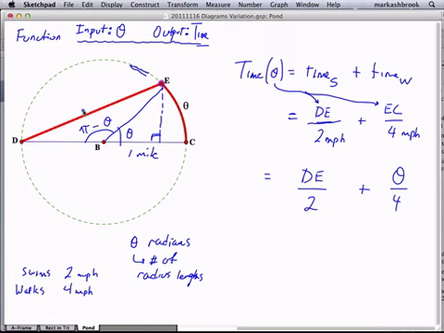And so DE squared, what would it equal? Anybody? Dan, any ideas? Do you see the triangle that we're working with?